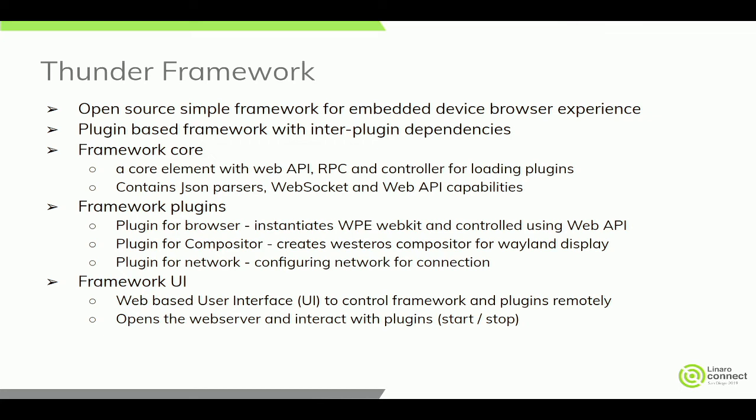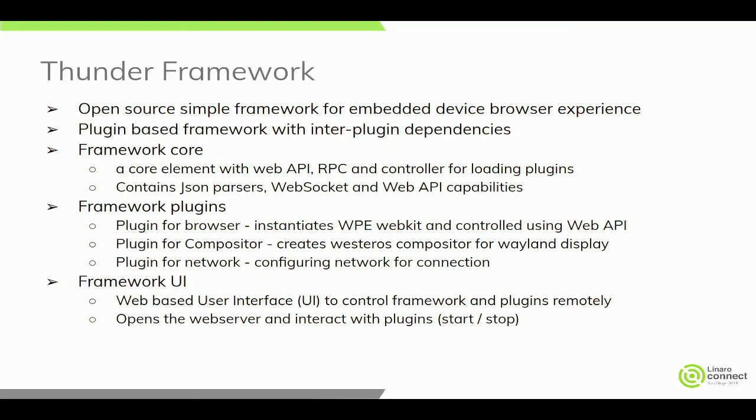Along with the core element, it has various plugins implemented for the WebKit browser, a compositor plugin implementation, and a network controller. The compositor mainly uses the Westeros compositor, which is developed from the RDK. WPE also uses the Westeros compositor on its backends.